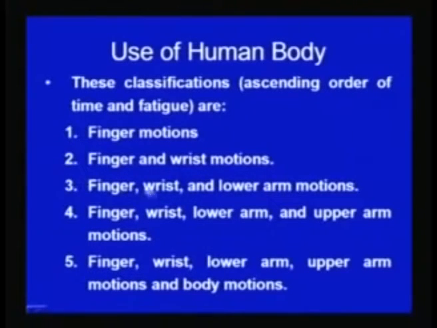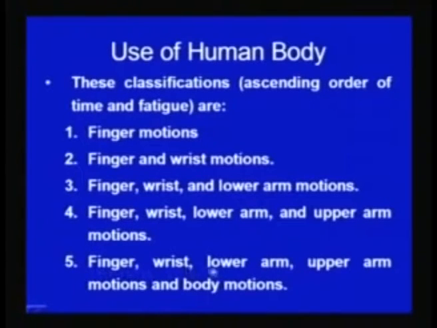All these three body parts are used in carrying out certain motions. Those motions fall in classification 3. When the fingers, wrist, lower arm and upper arm are used for carrying out a motion, then it falls in classification 4.